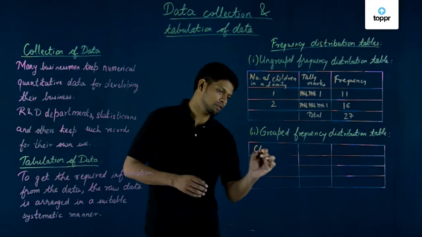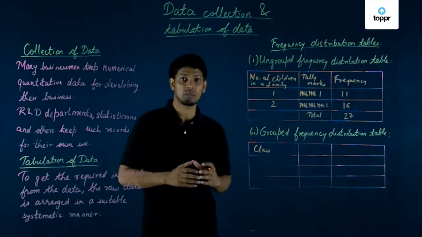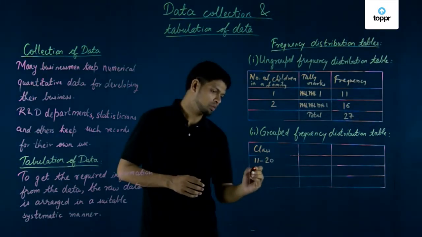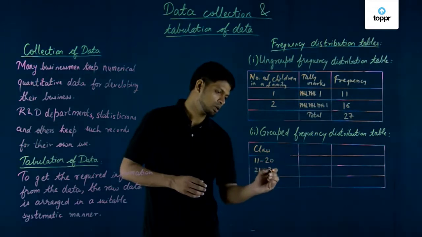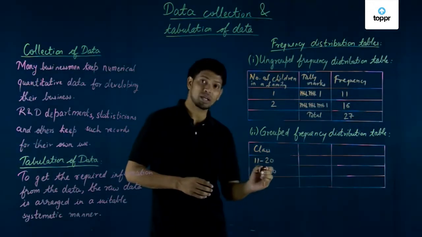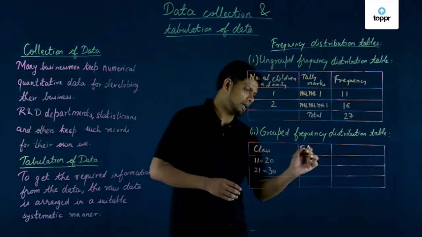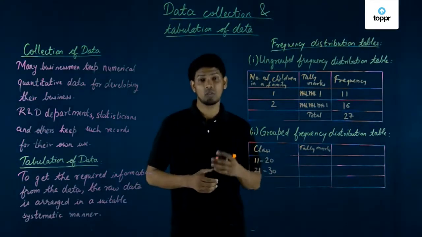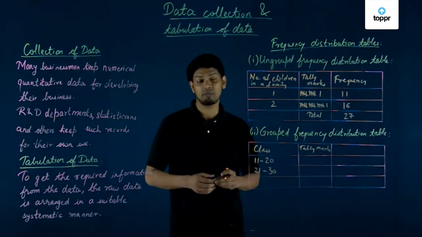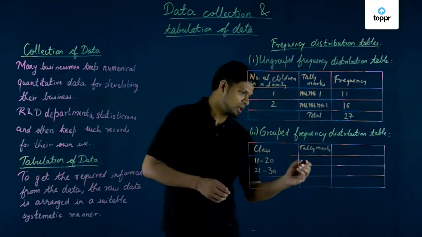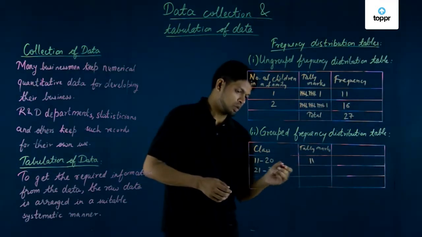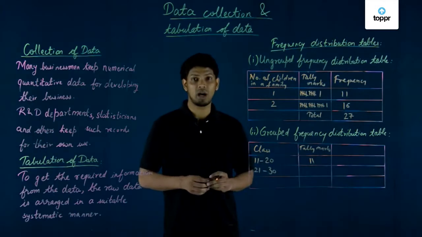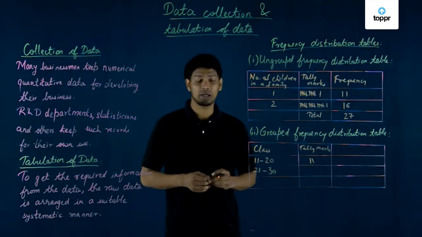Here we take the people coming to participate in sports. We have the age group 11 to 20 and the other group 21 to 30, and then we have tally marks, where we start counting the requests from these age groups to write their names for participating in sports. We got 1, 2 people in the age group 11 to 20, so we know 2 people can participate in that age group.